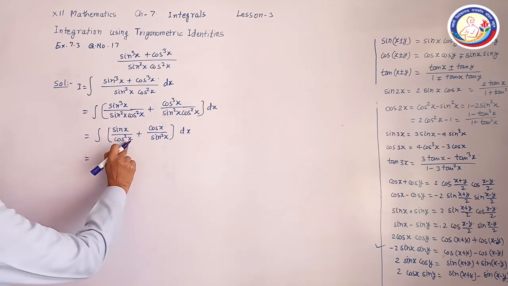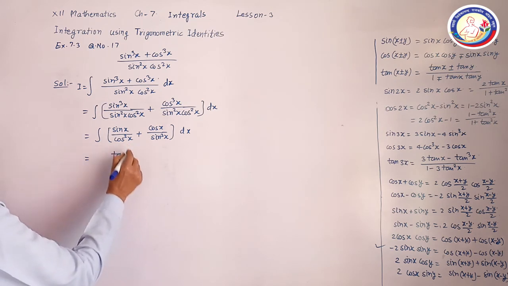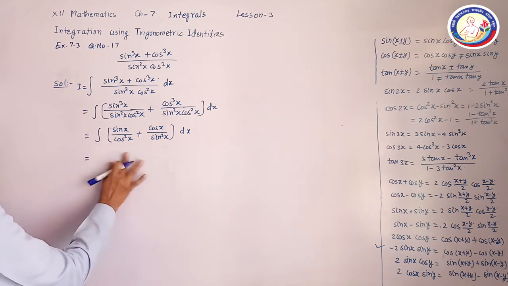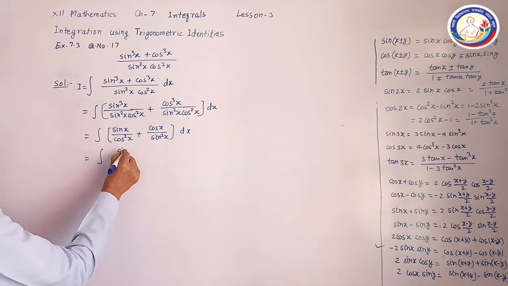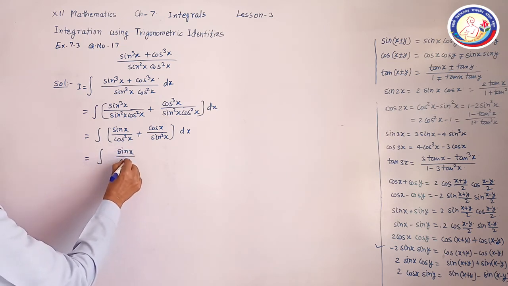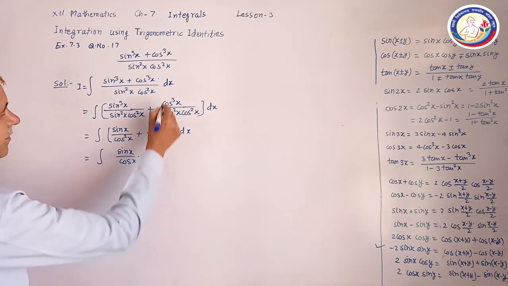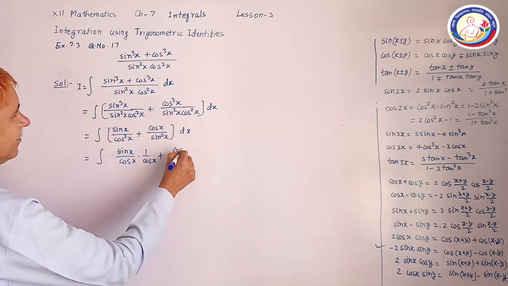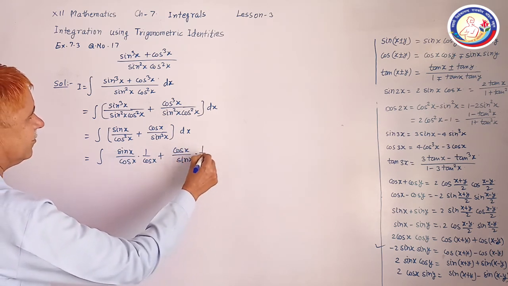So sin x upon cos x can be written as tangent x. I am writing it one more step to clarify. We can write it as sin x upon cos x into 1 upon cos x, and this can be written as cos x upon sin x into 1 upon sin x.